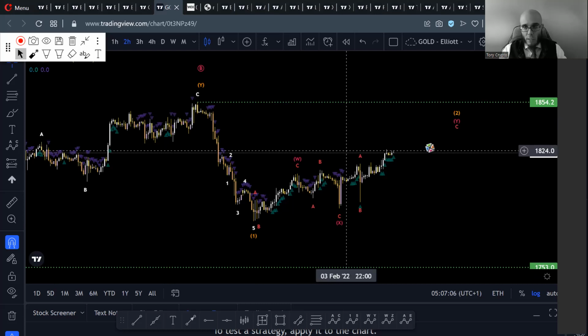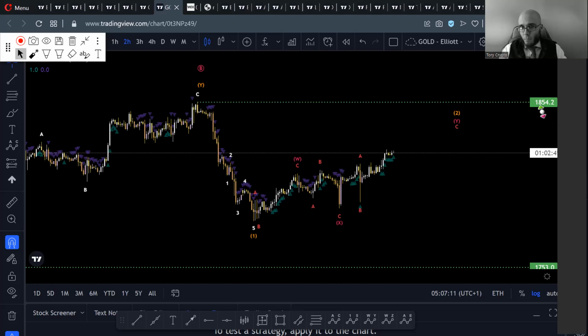So if you don't want to use Ichimoku and only Elliott wave, you can put a stop loss at 1,856 or 1,857, leave a small space so you don't get out because of an error. And if the Elliott wave count is wrong, well, then you only take a small loss. That's a way of doing it also.